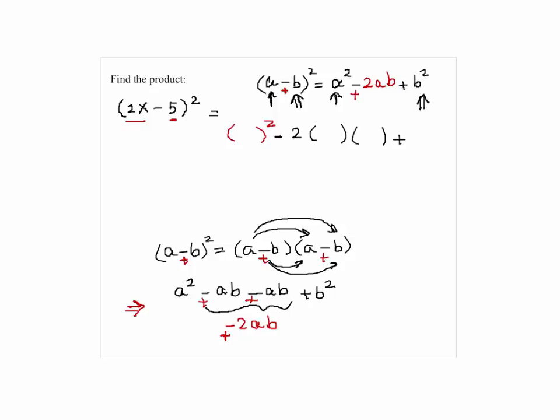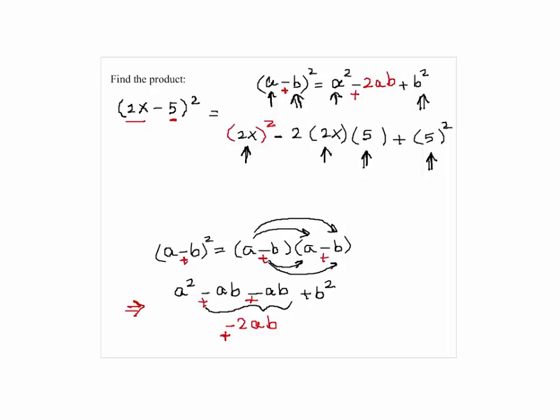Let's use the parentheses here so we know what we're doing. The first term is 2x, squared. And what would be the second term here? 5. Very good. 5 goes here too, right? Yes. Okay, so that's the second term.